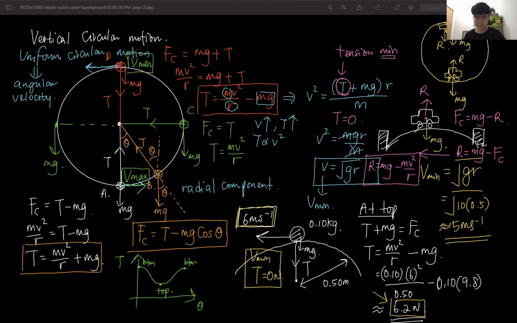Same concept, different applications. Right, you can take down, and I will go to the next slide. That is all for vertical. Next one, we'll look at horizontal circle.